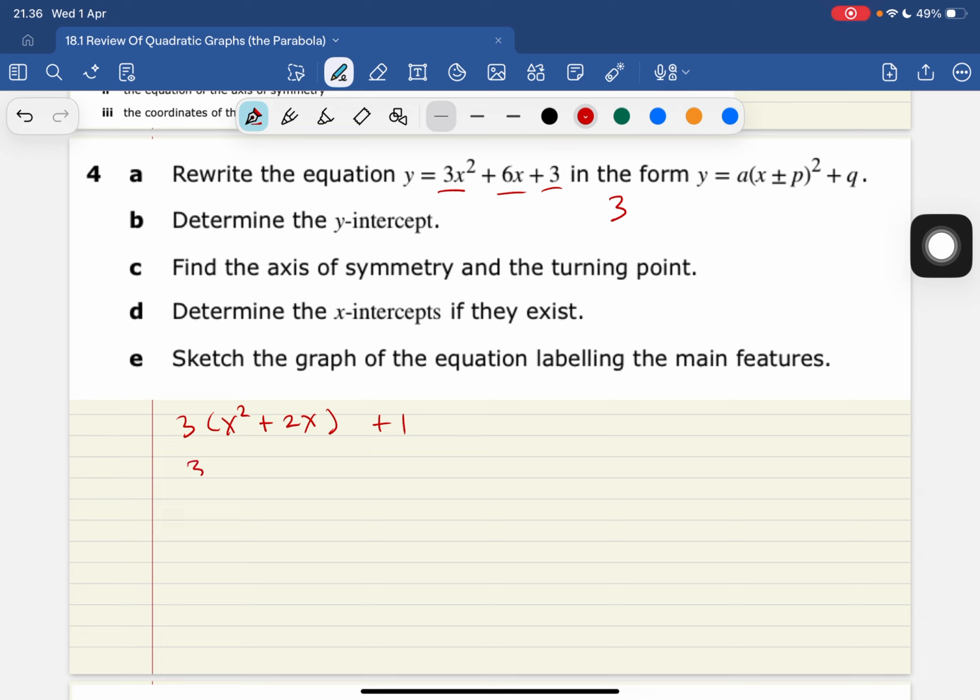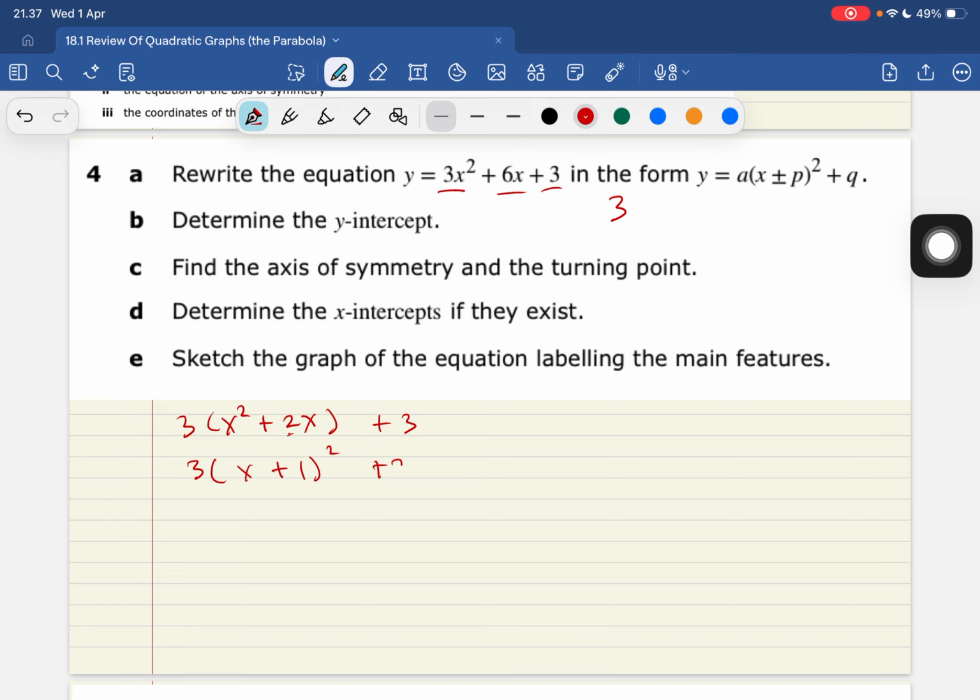We can make it 3 times (x plus half of 2, which is 1) squared.